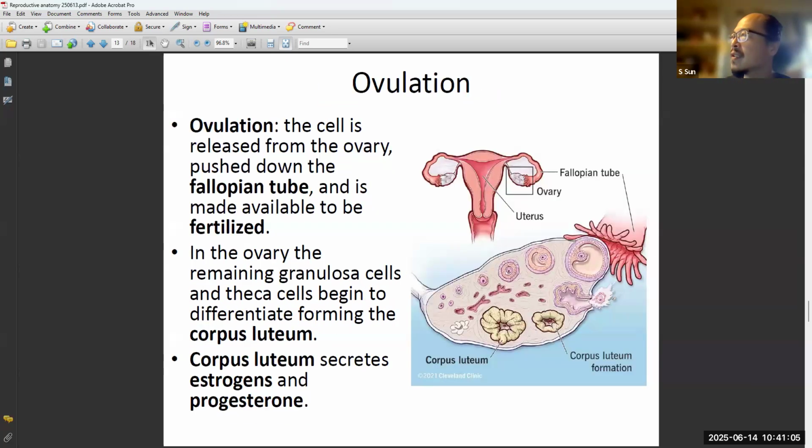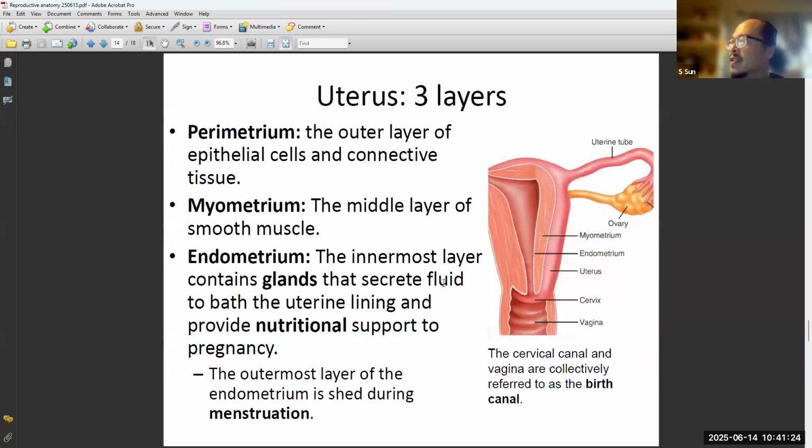Talking about the uterus, it is a muscular organ. It has very thick muscle right here. You can see you have muscle. So uterus, just like heart: in the heart, you have cardiomyocytes; in the uterus, you have smooth muscle. Here is the uterus cut open.